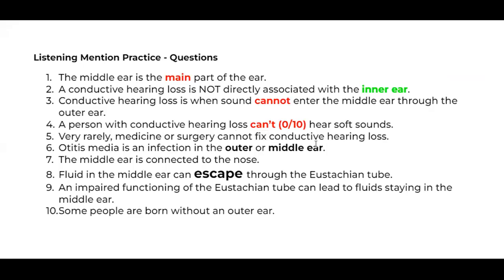This does not mean that every English medium student can clear OET in the first attempt. Most of them can. So often is a number of 8 or 9, and that clearly says something is missing. So very rarely medicine or surgery cannot fix conductive hearing loss. This statement is mentioned according to the audio. You can listen and finalize it.